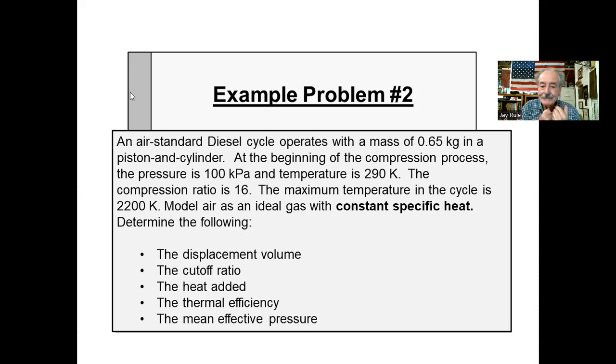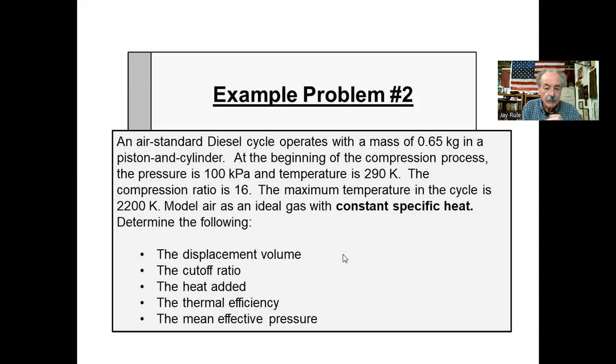Second problem is identical to the first problem. Same exact data, but we want to model the ideal gas with constant specific heat. We want to find the same laundry list of things. Why am I dragging you through this second time? Because this is going to be very professor dependent.